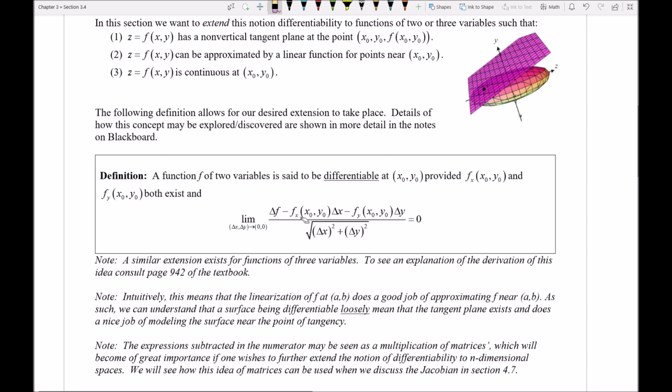The idea of this particular definition does continue to extend to larger and larger spaces, so we could deal with functions that have more and more inputs. And it does relate, as I state down here in the second note, to some other things that we'll see later in the class.